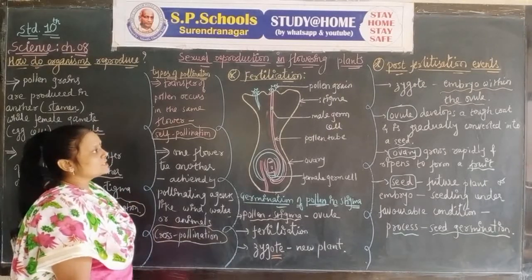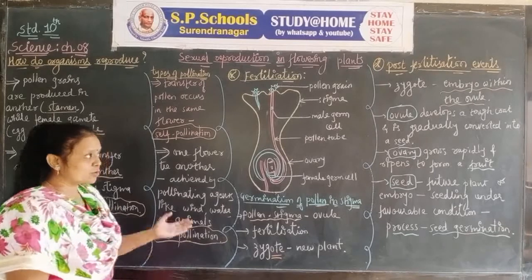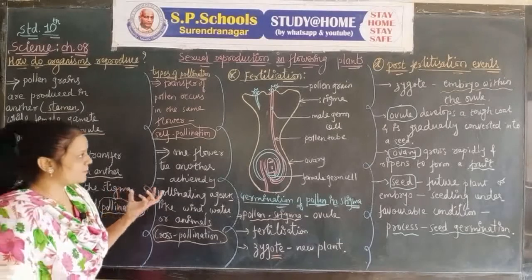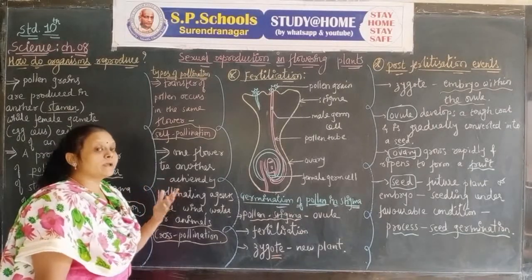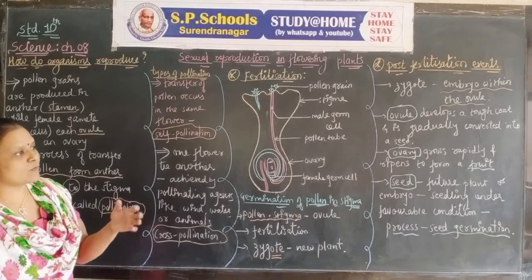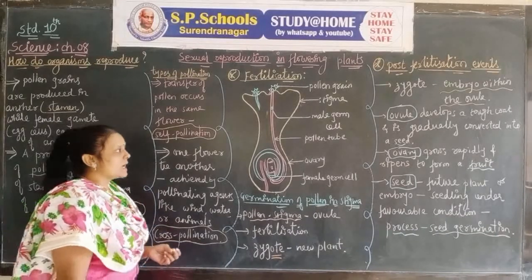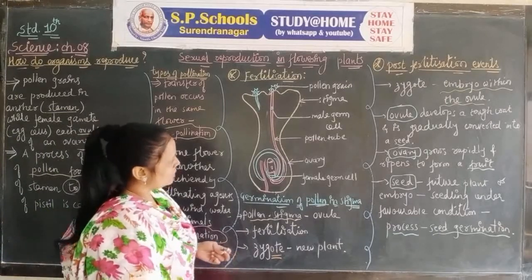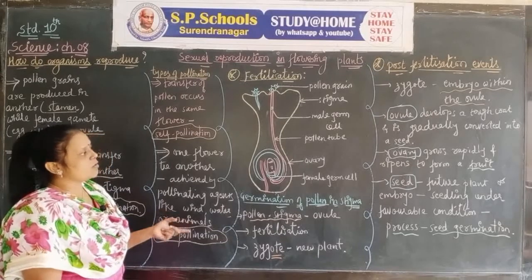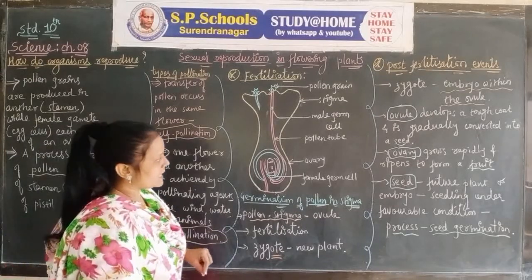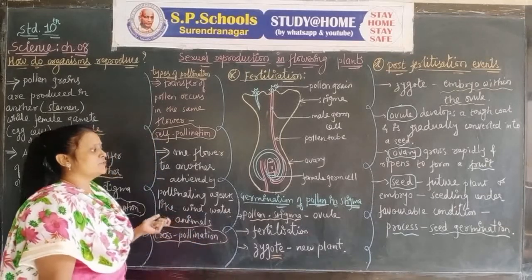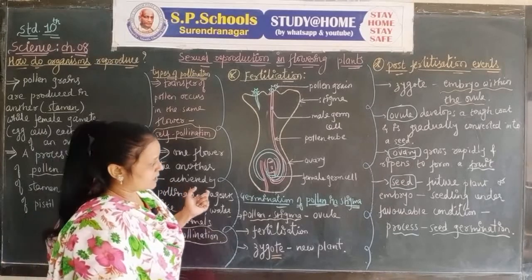Then write the post-fertilization events: the zygote converts into an embryo within the ovule, developing cell by cell. The ovule is gradually converted into seed, the ovary grows rapidly and ripens to form a fruit, while the seed holds the future plant or embryo.